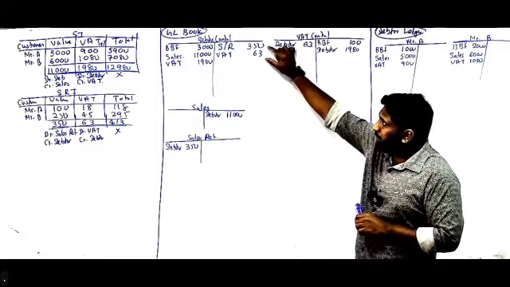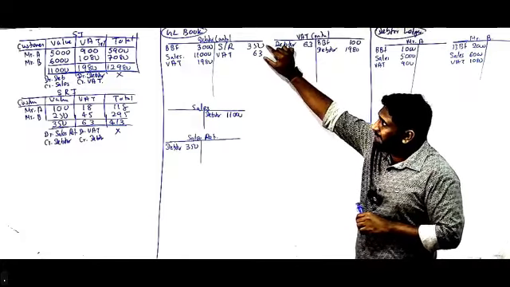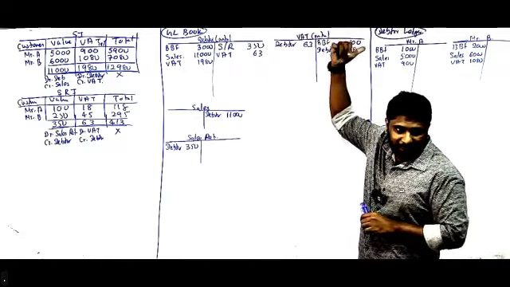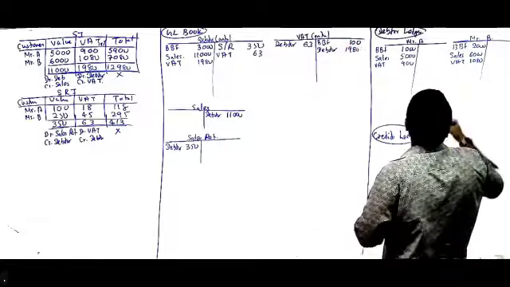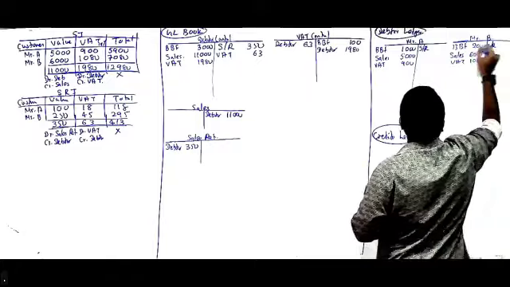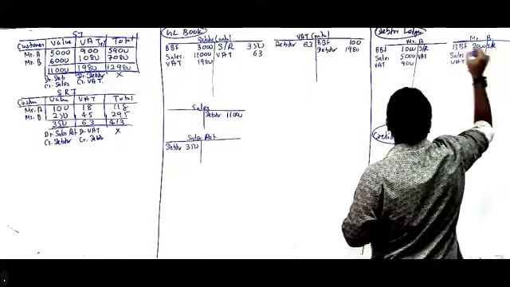So what did I tell you? Once you write anything in the debtor control account, go and put the detailed version in the individual accounts. Sales return, VAT, same side, no changes.